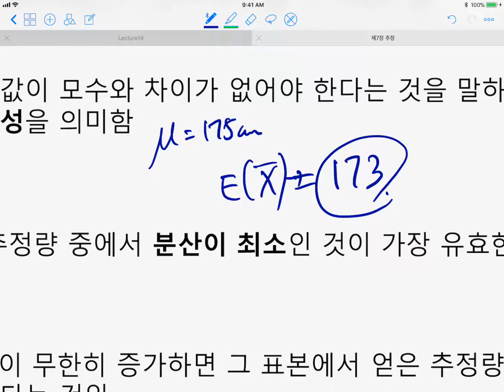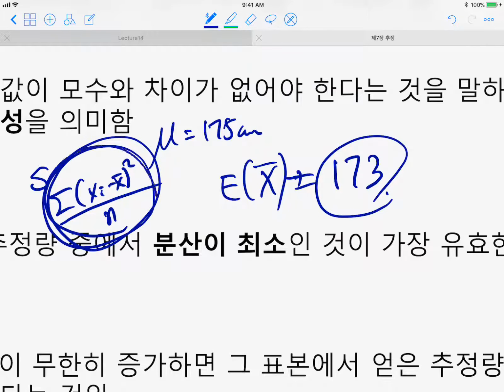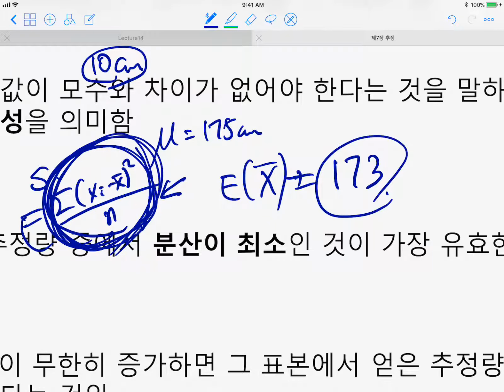If we use sample variance as sum of (xi minus x bar) squared divided by n, it is an example of a biased estimator. The true variance was maybe 10 centimeter, but if you compute this statistic, on average it will give maybe 9 or 8.5 centimeter or something like that, right?